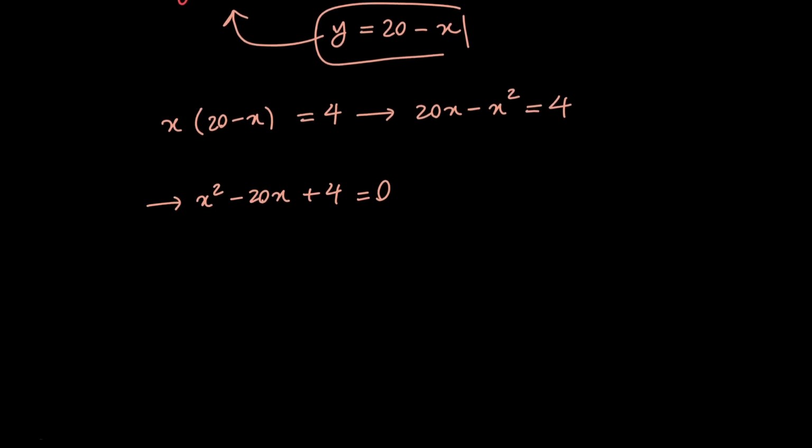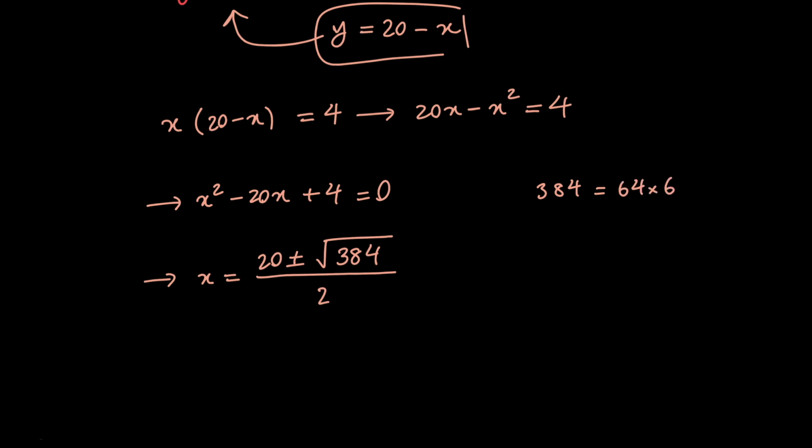And if you do that, we're going to have x equals negative negative 20, which is going to be 20, plus or minus the square root of 20 squared, which is 400, minus 4 times 4, which is 16. So we're going to have 400 minus 16, which is 384. And this is divided by 2. 384 is 64 times 6.